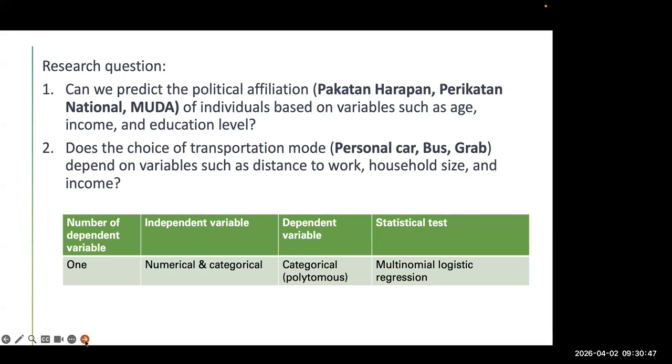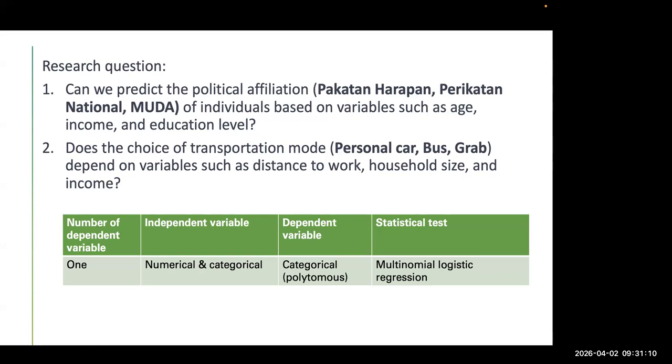Either the participant chooses Pakatan Harapan or Perikatan Nasional or MUDA. Now we have three groups, meaning more than two. And then we have the independent variables: age, income, and education level. So for this one, you have to use multinomial logistic regression.